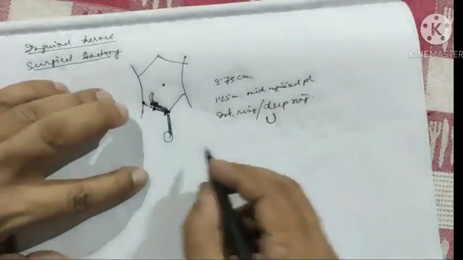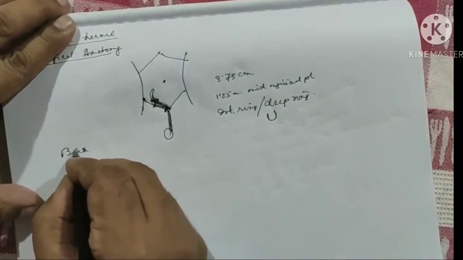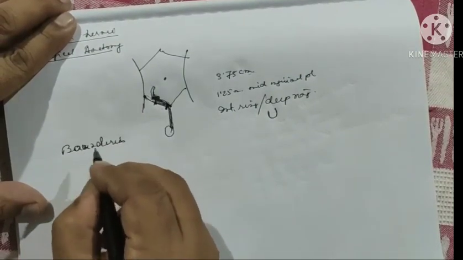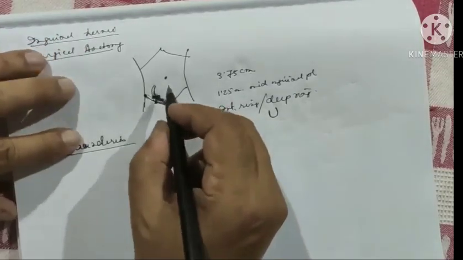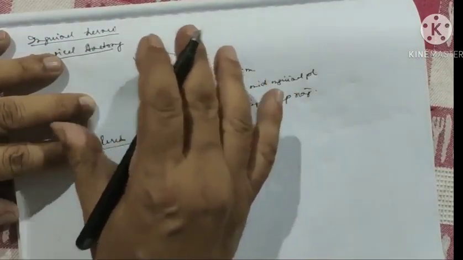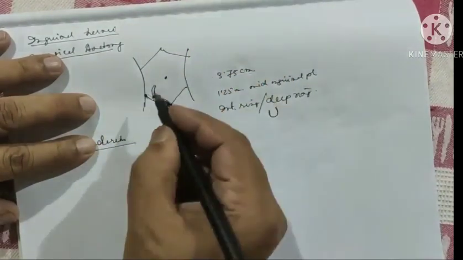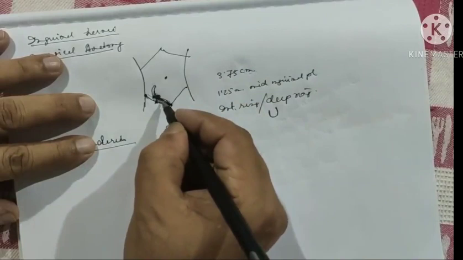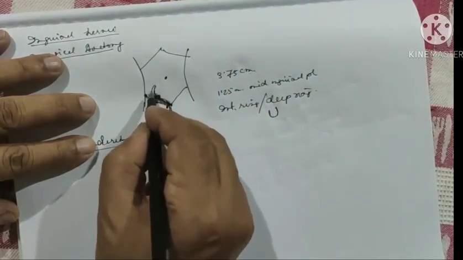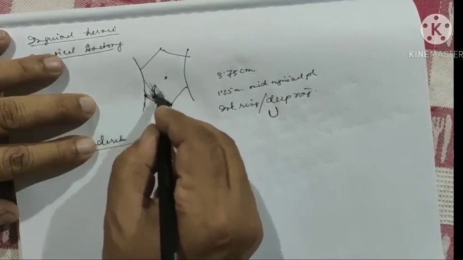So the boundaries of the inguinal canal, if you see from outside, the skin and subcutaneous tissues will be there. The most superficial part, anterior to the spermatic cord, you will get the external oblique aponeurosis coming out like this from here.